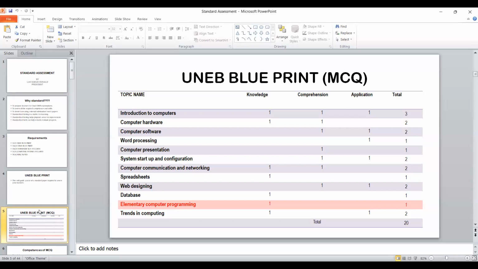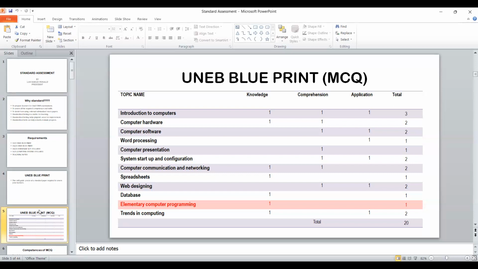That one I'm putting in red, reason being, last year we never got any question from that topic because of the abridged curriculum, and even this year we shall not have questions from elementary programming. Then trends in computing, the last topic.